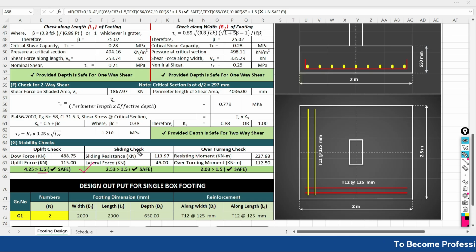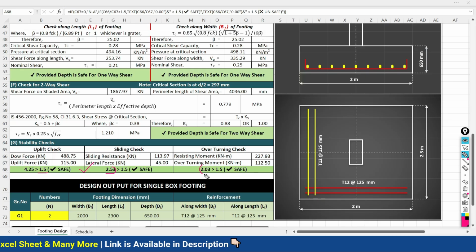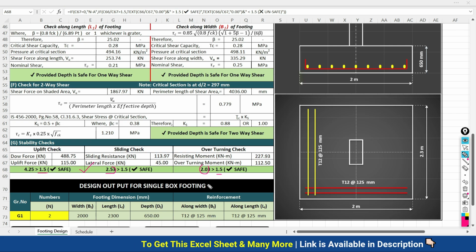It is again safe against the sliding check. The factor of safety against sliding is 2.53, which is more than 1.5, and the factor of safety against overturning is 2.03, which is more than 1.5. So our design is safe against all the stability checks.